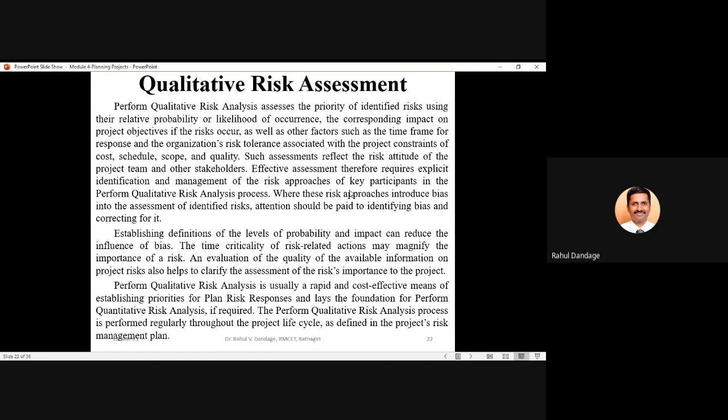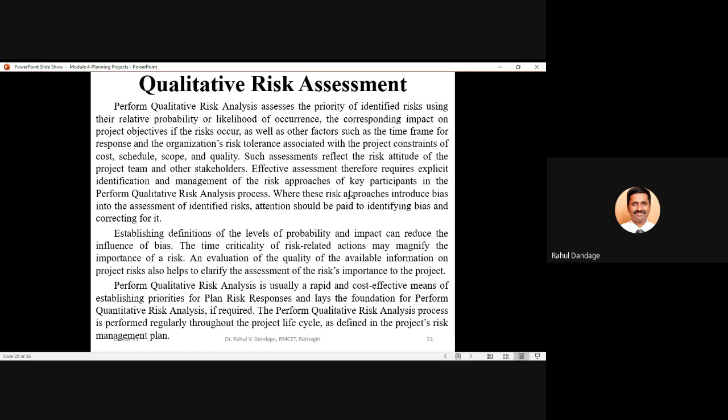So whenever we are going for qualitative risk assessment, various factors we should take into account. What will be the time frame for your responses? What will be the organization's risk tolerance? What are the various constraints in terms of cost, schedule, scope, and quality? So these all should be taken into account when you are going for qualitative risk assessment.